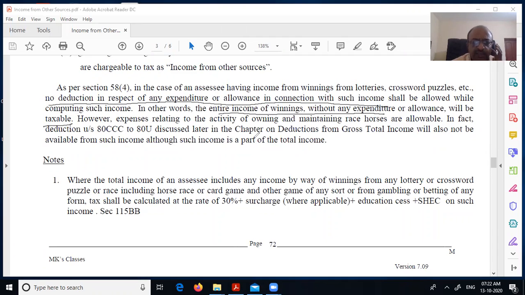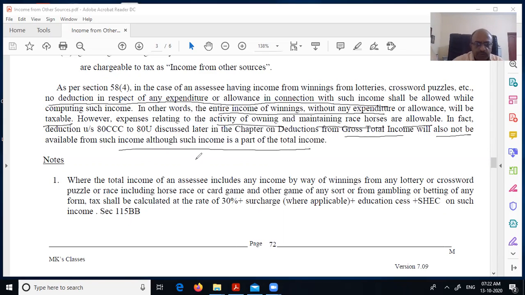However, expenses relating to the activity of owning and maintaining racehorses will be allowable. That is the only thing available when you are doing that business. In fact, deductions under Chapter VI-A, 80C to 80U, from gross total income will also not be available if such income is part of total income. So nothing is available. You have to understand, nothing is available.